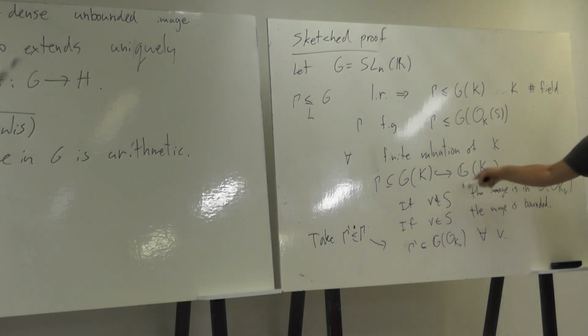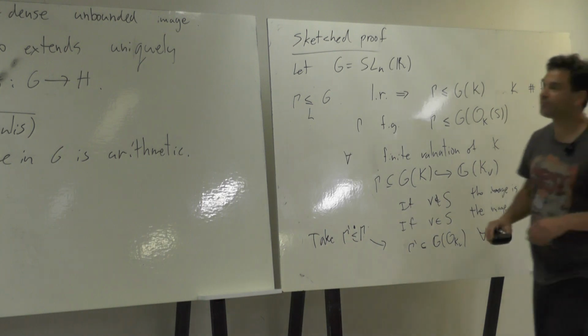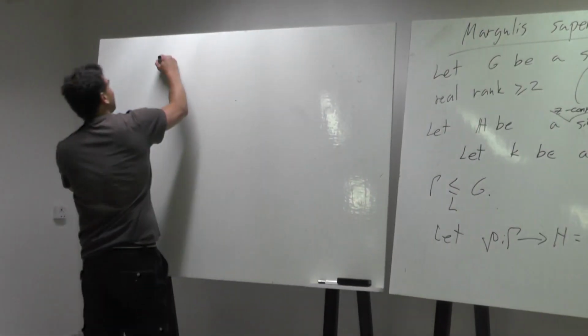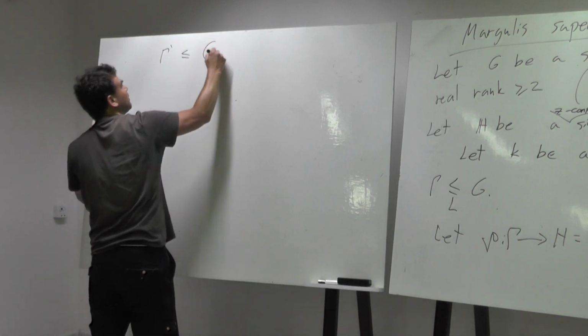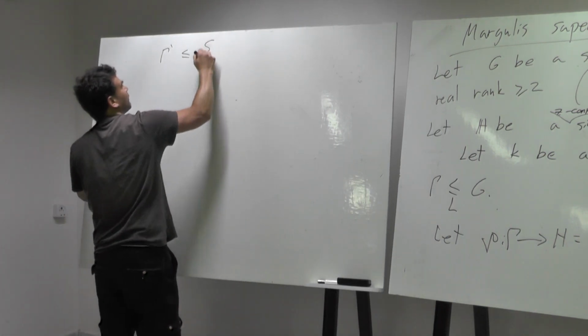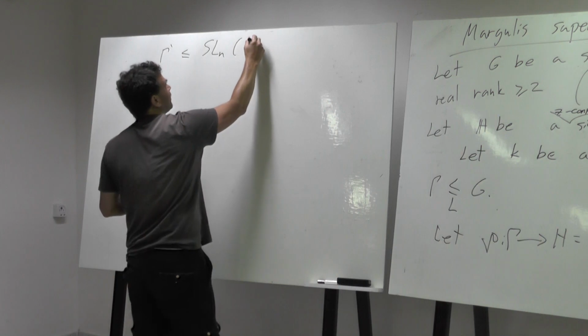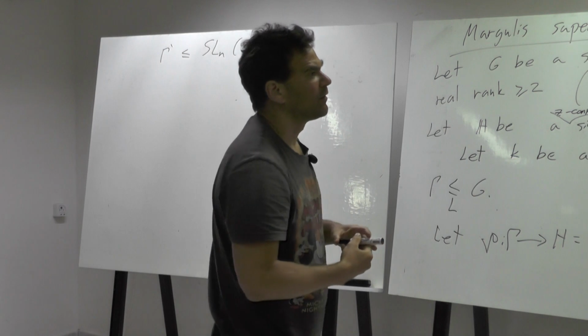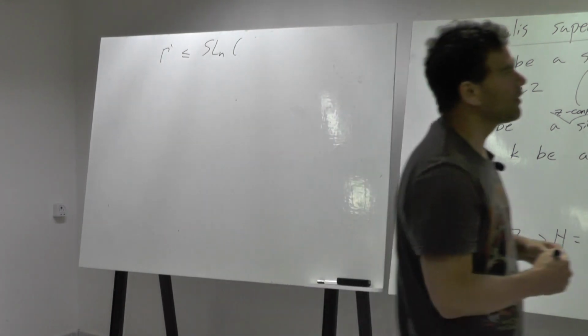Because S was finite, and at any place in S we have to take a finite index subgroup. So, up to replacing gamma by a finite index subgroup, gamma prime sits in SLn of O_K.